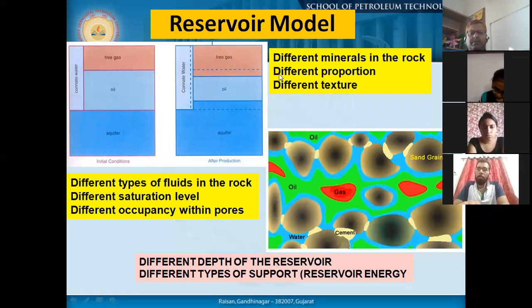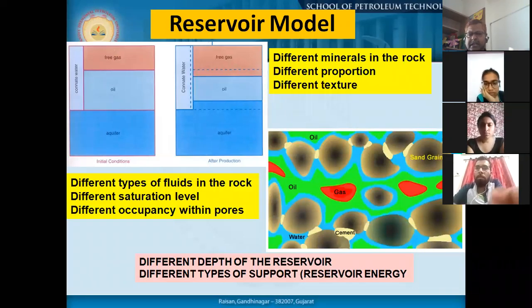The important aspects are that we have different mineralogy, different textural aspects, different connectivity, and different types of fluid inside the reservoir, with different saturation levels and different occupancy, meaning how they occupy the pore space. This is our holistic understanding of the reservoir.